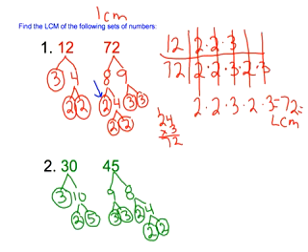So now I need to make a chart with 30 and 45. So I'm making my chart. There we go. So 30, 45. And again, just copy the prime factorization over here into your chart.